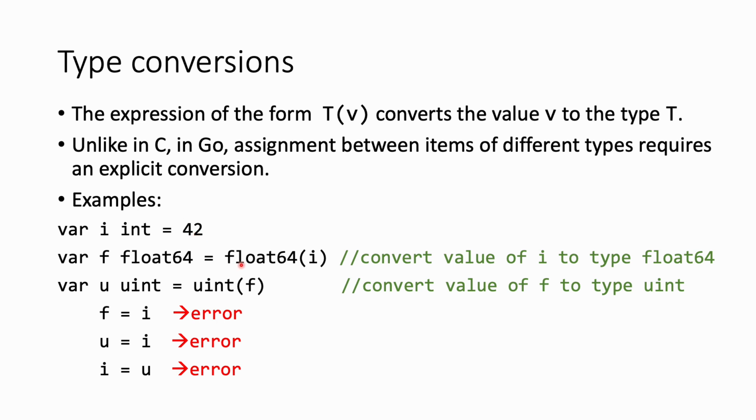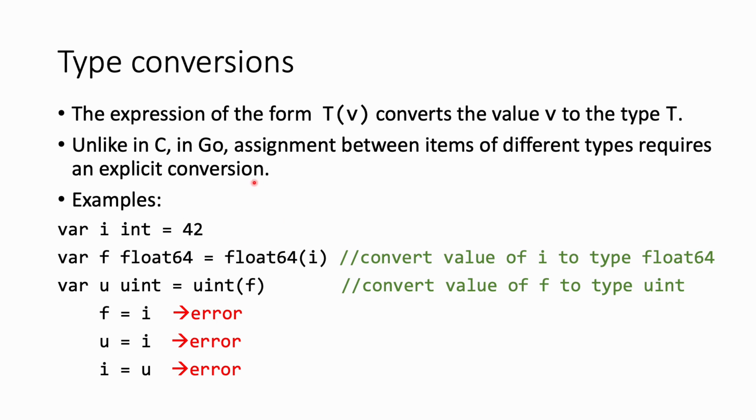Then the expression float64(i) will convert the int value of i to a value of type float64, which can then be assigned to a variable f of type float64.